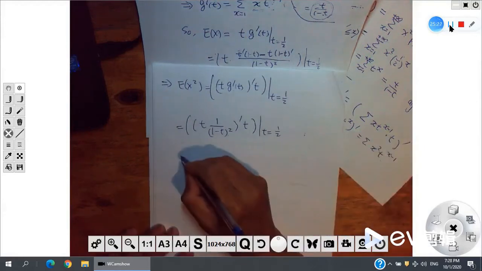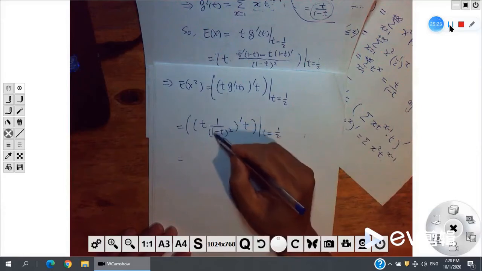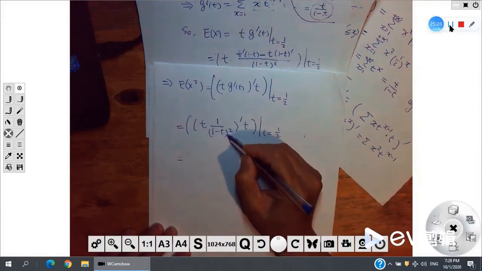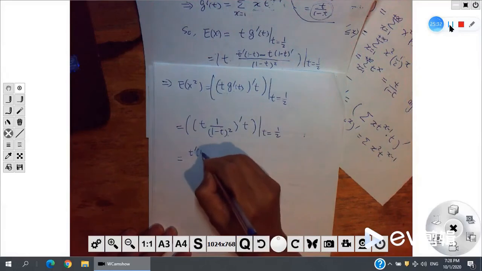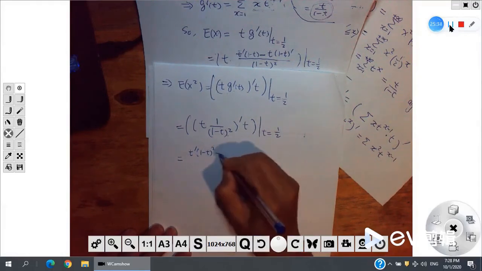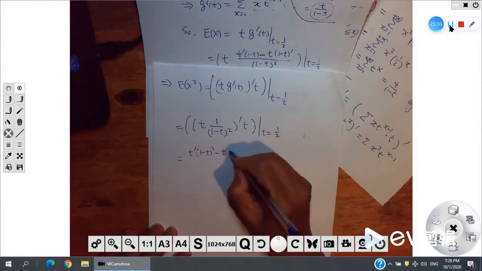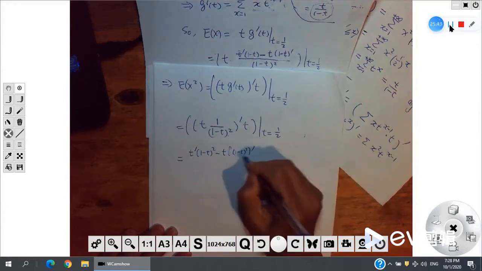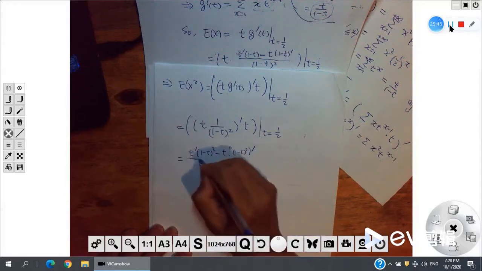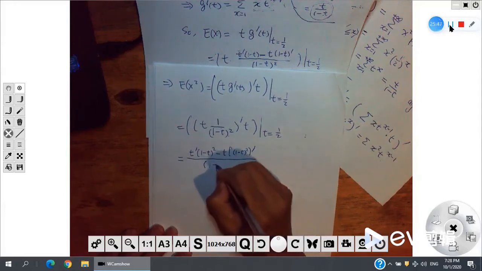So the numerator is t, the denominator is (1 minus t) squared. Take the derivative: the numerator derivative times the denominator, minus the numerator times the derivative of the denominator, over the square of the denominator.